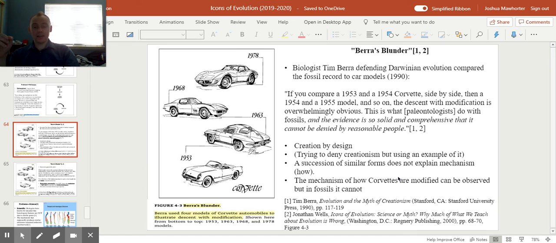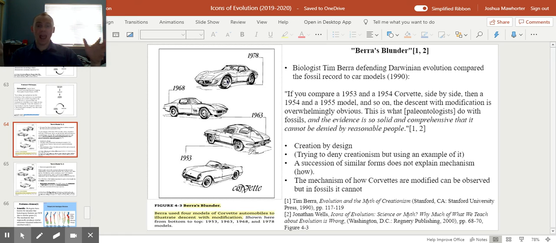Just because we see similar things from the Corvette from 1953 to 1963 to 1968 to 1978, and we recognize cars have engines, tires, and horns, and similar things going on mechanically and in the way they look, that doesn't explain descent with modification.